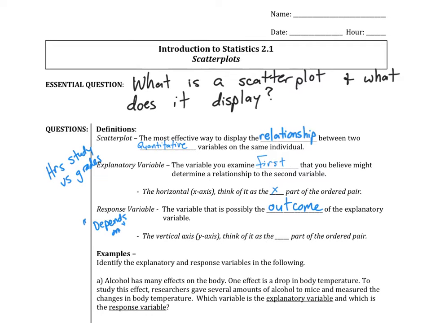The vertical axis is where we put the outcome, the response variable, and that is the y in the ordered pair. A lot of things in your daily life depend on other things. The amount of time you work can determine how much money you make if you get paid hourly.